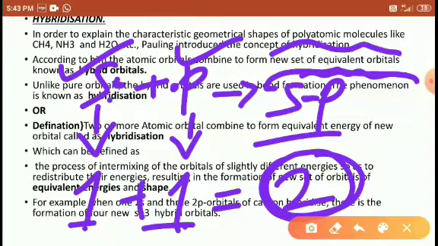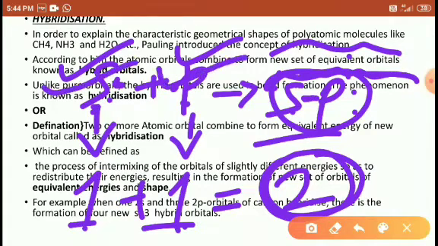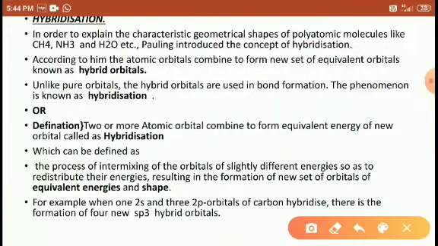Equivalent energy is when two or more atomic orbitals are combined. Here s is separate and p is separate, but when both are combined, that is the sp orbital. Understand? So atomic orbitals combine to form a new set of equivalent energy orbitals called hybrid orbitals.